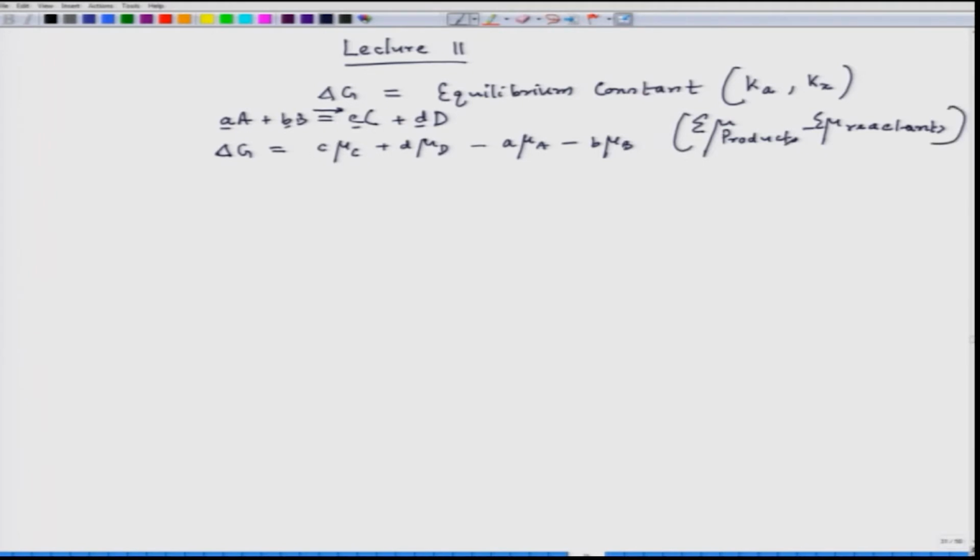Now, from our discussion we have also seen the concept of chemical potential. The chemical potential is nothing but the change of free energy of the system, or a system means of a particular phase, when a small quantity, which is 1 mole of a particular component in that phase, is added or taken out.